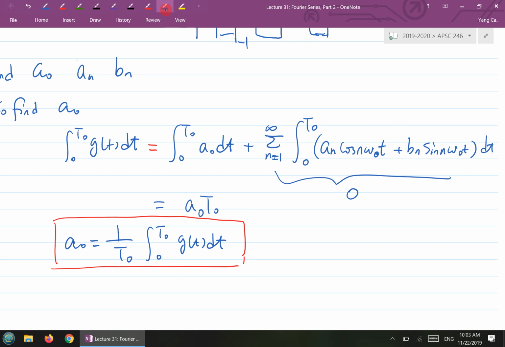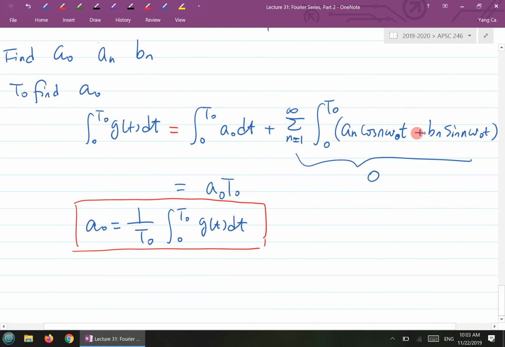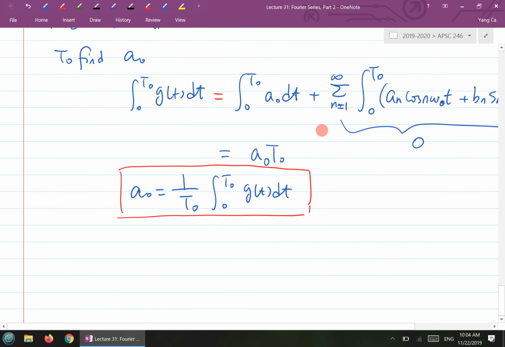How do we find an and bn? Now let's look at how to find an and bn. This is the part where I'll skip the proof here. You can take a look at the lecture notes on how to find an and bn.